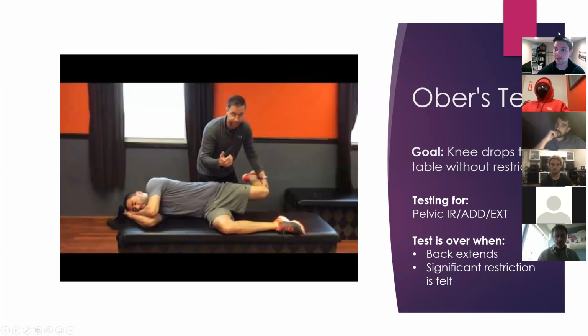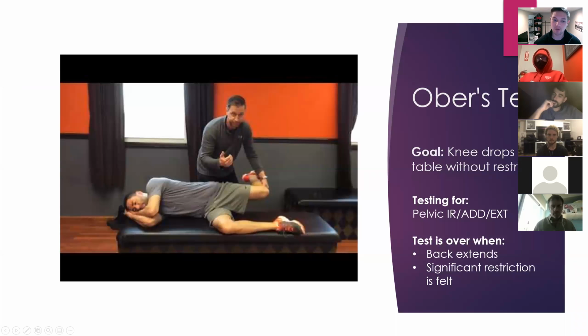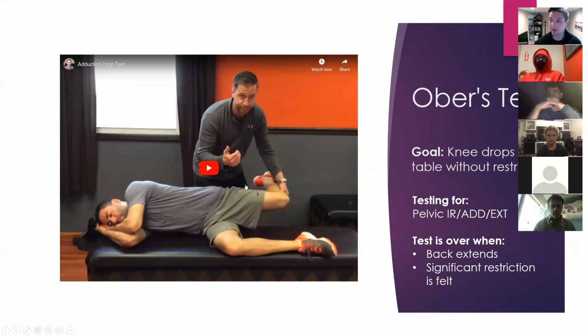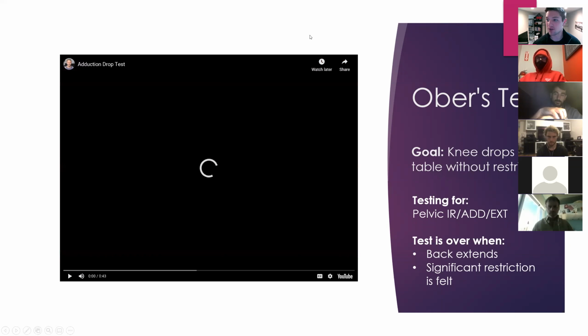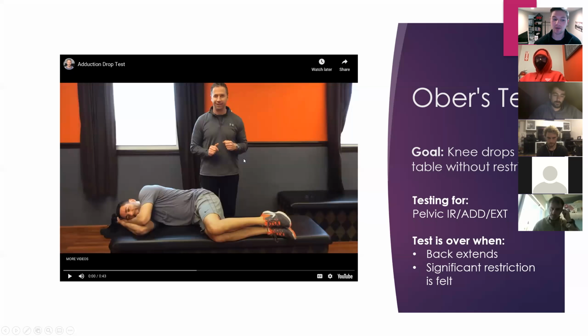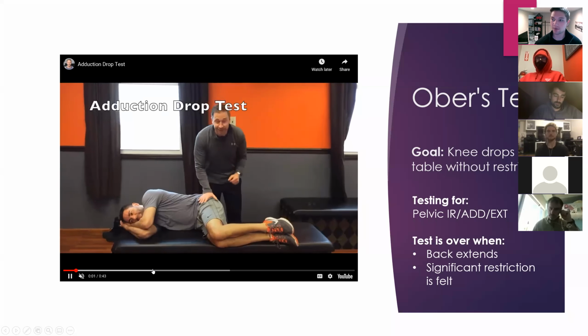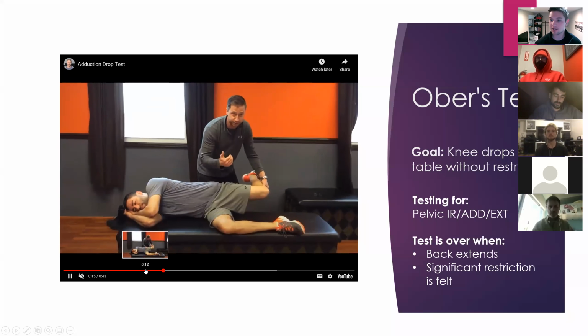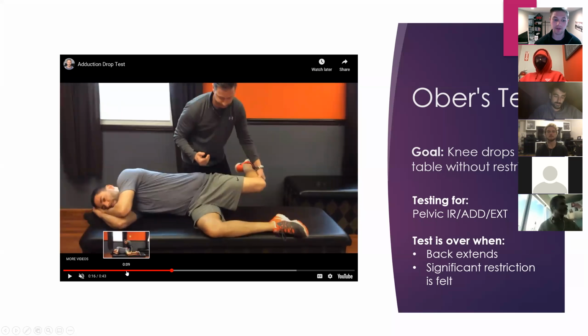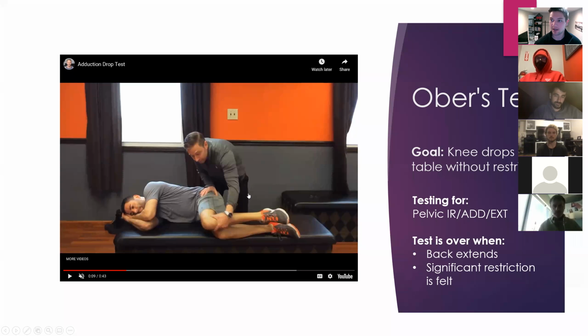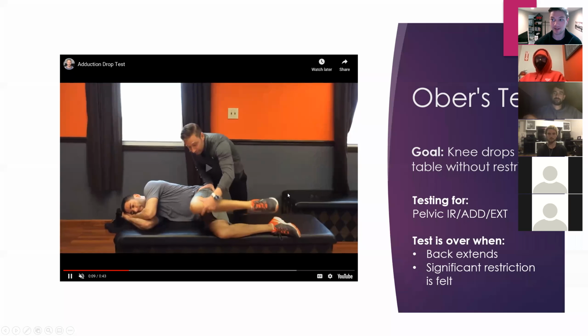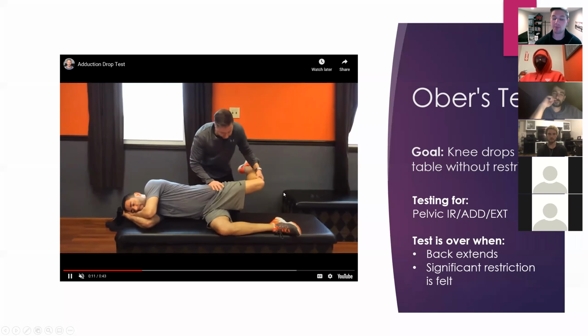The first test we're going to talk about is an Ober's test. Now, because of COVID, I did not have anyone to do this on, and then when we filmed the assessments, we actually just didn't do this one. So our friend Neil here is going to help walk us through the Ober's test. The goal with this is to assess someone's ability to go through pelvic internal rotation, adduction, and extension. The very first step you should do is get them to chill, to relax, bring that knee up and back.